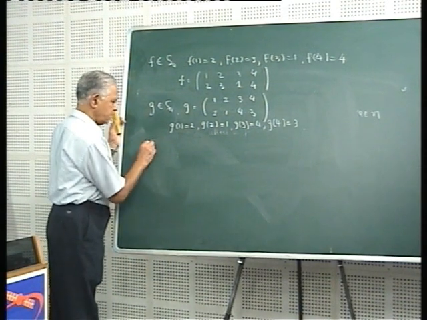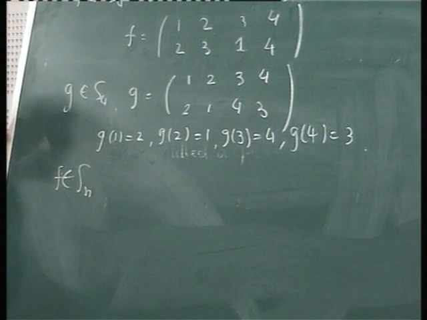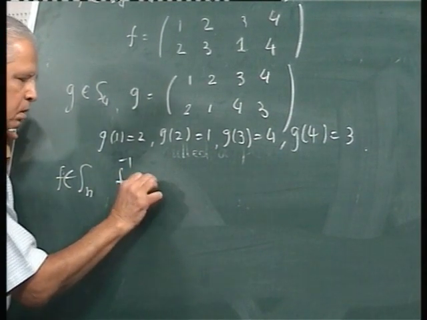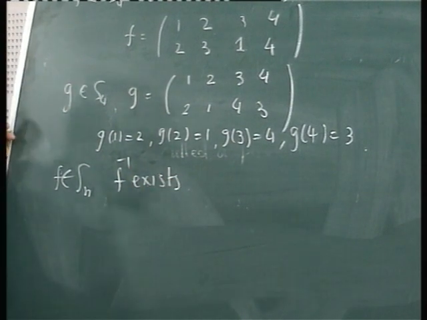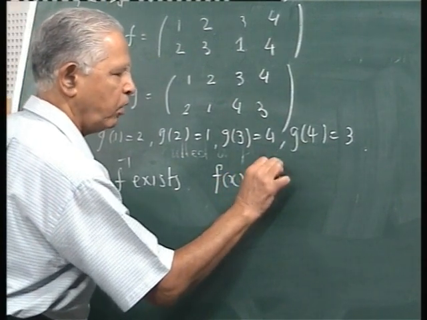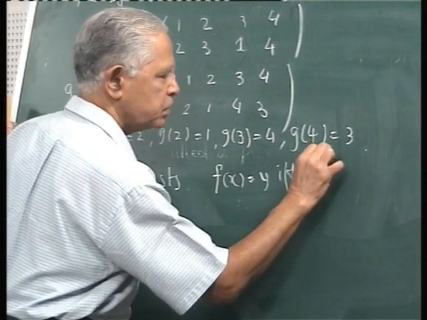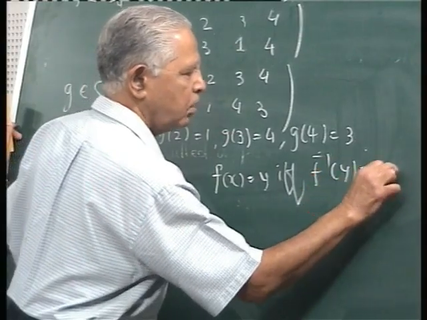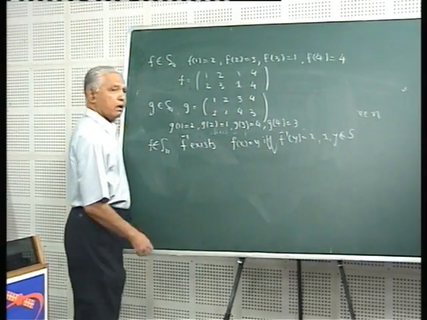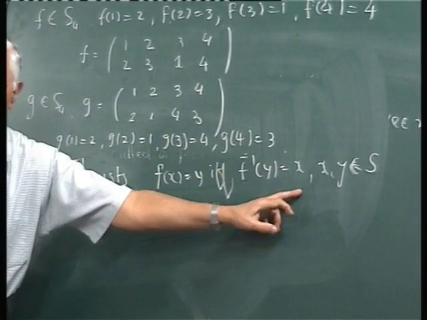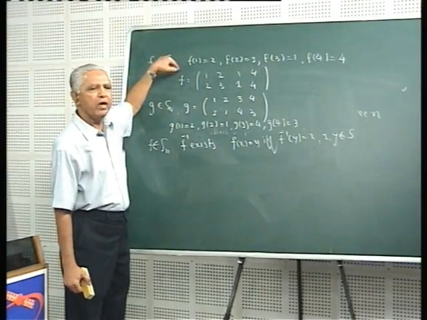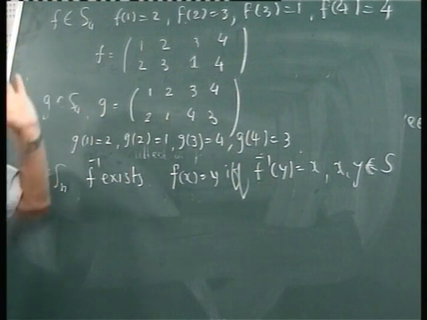We know that if f belongs to S_n, then f is 1-1 and onto, and so f inverse exists. Now, the definition of f inverse says that f(x) is equal to y if and only if f inverse of y is equal to x, for x and y belonging to S. This gives us that if we want to find f inverse from f, we have to interchange the first and second row.